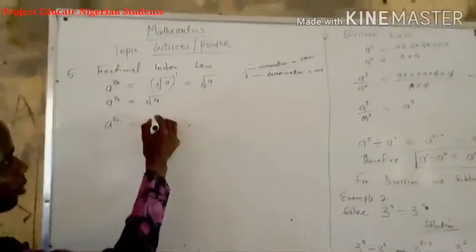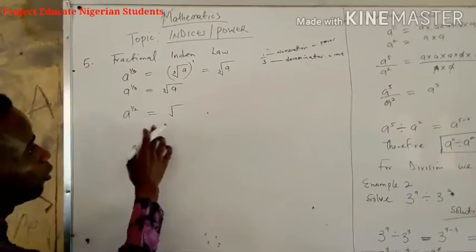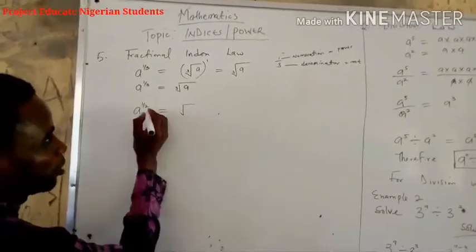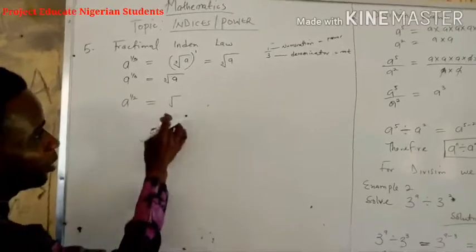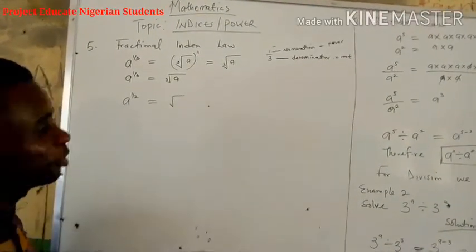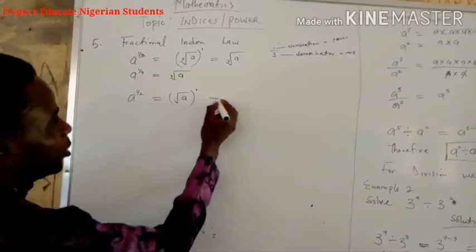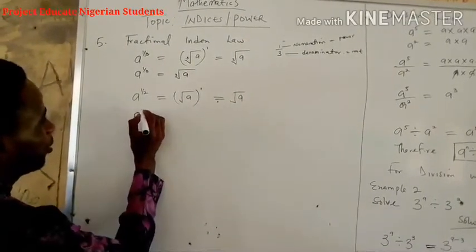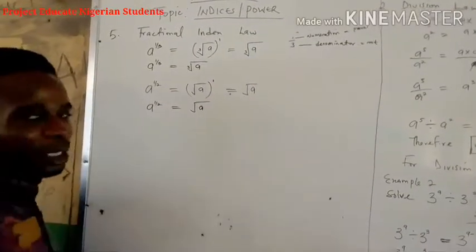You put this symbol, is square root symbol. Why I call it square root symbol? Because it's 2 automatically. So I meant to put 2 here because the denominator here is 2, but you shouldn't put 2. All mathematicians know that what should be here is 2, and the 2 is invisible. Okay? So we just put our a here, raised to the power of 1. So this is something as square root of a. So it means a raised to the power of 1 all over 2 equals to square root of a.